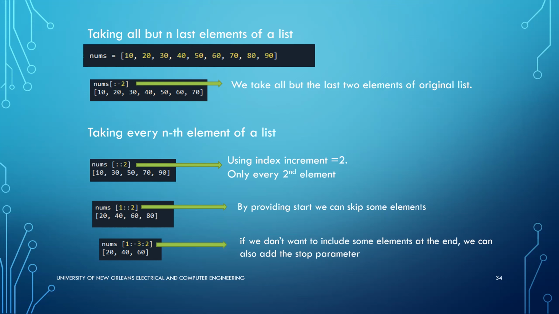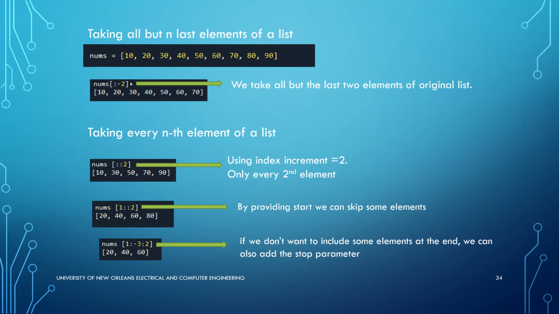And then we're going to stop at element -2, and the increment again is 1. So element -2 will be this one here. Since that one is not inclusive, the last element we're going to see is 70.